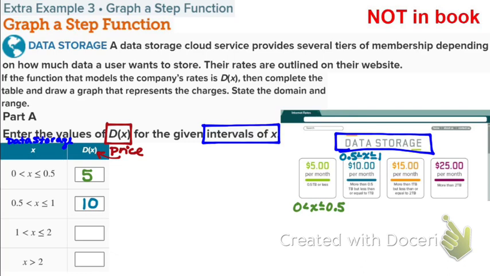More than 1, all the way up to 2. 15. So more than 1, all the way up to 2. What about if we need more than 2 terabytes of storage? 25. More than 2 terabytes.